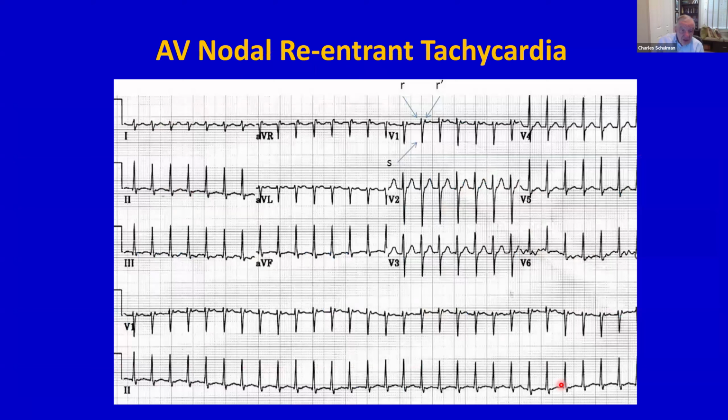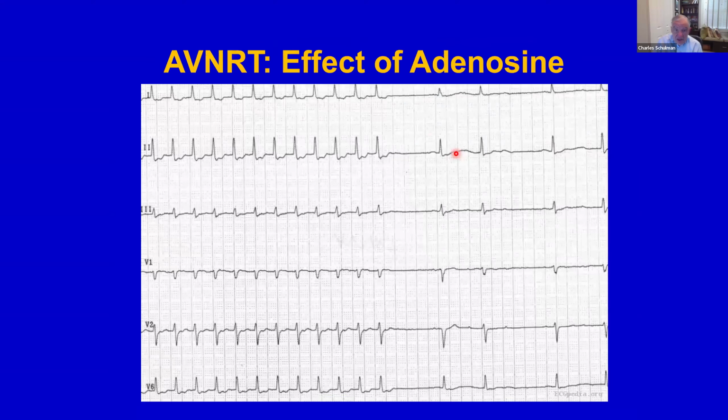So here's an AV nodal reentrant tachycardia, very rapid, narrow complex. And you see this so-called R prime in V1. So it's RS, and then this funny looking R prime. Okay. And then with the adenosine, that disappears.